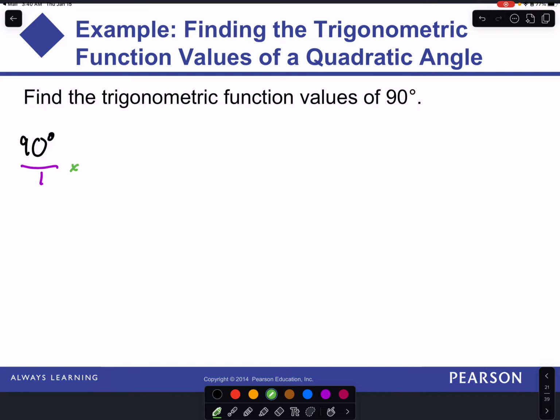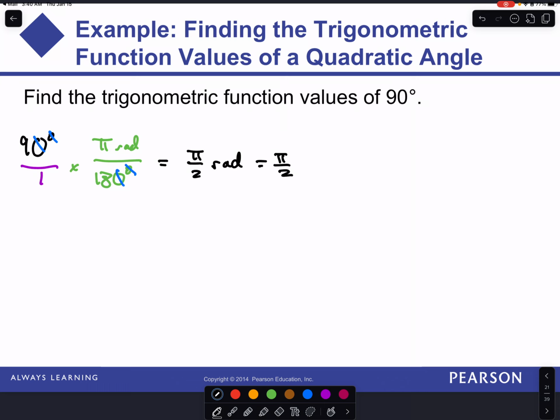I'm going to say times what? 180 degrees corresponds to pi radians. All right. The units of degrees cancel. Those trailing zeros cancel. So then it looks like we're left with pi over 2 radians, or just pi over 2. Okay. So now we've converted from degrees to radians.